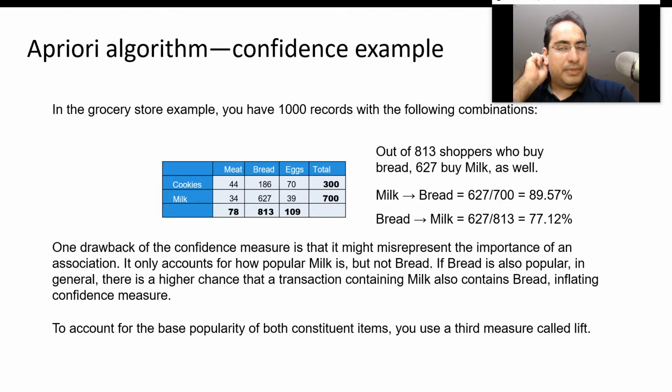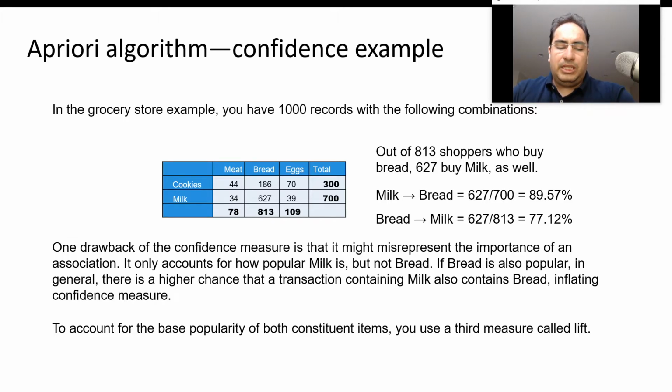These two confidence measures tell you what the relationship between these two items is, but this could sometimes be misleading, because in general milk and bread are bought by a lot of people, and these ratios might exist just because they are bought by many people, and there might not be an actual relationship between them.